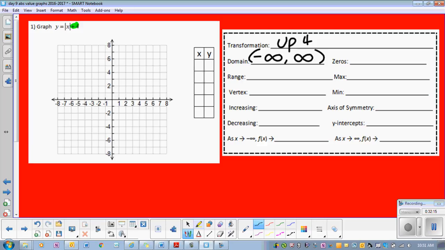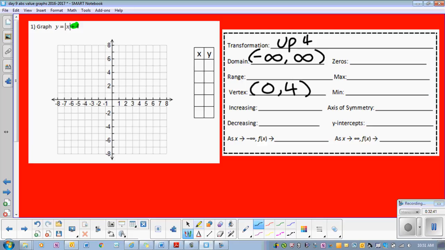Now, tell me, what else can we figure out? How about the vertex? What is the number that's inside with the x? 0, because there is no number. 0, comma, what's the number on the outside? 4. So 0, comma 4, that's your vertex. If you still don't understand how to get the vertex, don't worry.